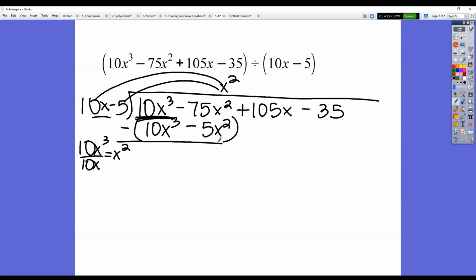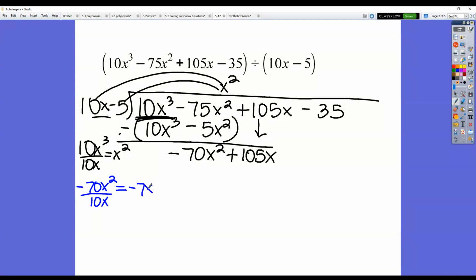And then you subtract. Negative 75x squared minus a negative 5x. That's going to become addition. So it's going to become negative 70x squared. And guys, slow down and take your time with these because it's really easy to make a mistake right here with the subtracting.